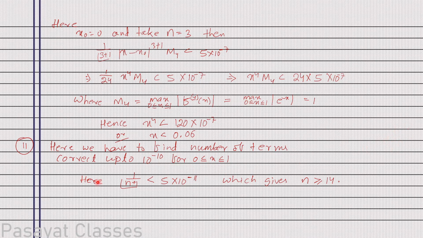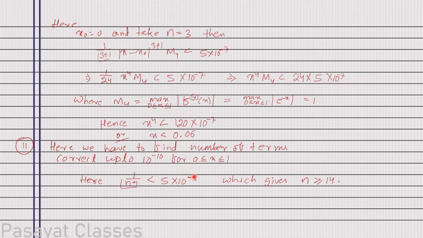So for finding the number of terms, that means we have to find the value of n. So 1 by (n plus 1) factorial, and here we obtained M4, and this maximum value is 1. So don't worry about this M4, we put it as 1, and here we truncate this error, that means it is less than 5 into 10 to the power minus 10.